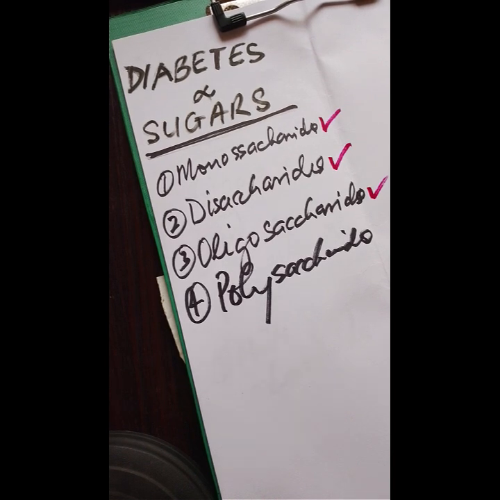So when somebody talks about sugar, it's important to know what he's talking about. Blood sugar is glucose. It's also called dextrose. Table sugar is sucrose. It has glucose and fructose, 50% each. Milk sugar is lactose.